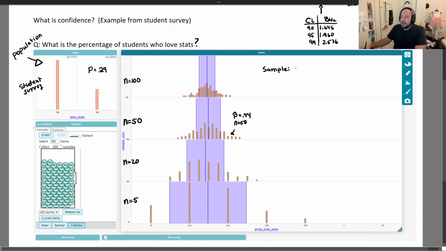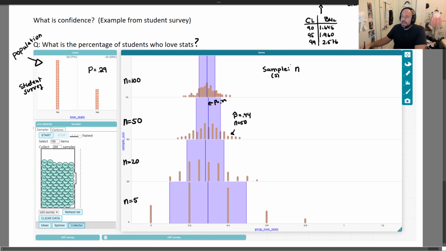Right up here, I'm going to write this for our first sample, sample 1, and this is what we're going to pay attention to. The first thing I want you to notice is that 44% is much larger than our P, the actual proportion of the population that we're pulling from. We know only about a quarter of the students love stats, but this particular group has a much larger percentage of people loving stats in it.